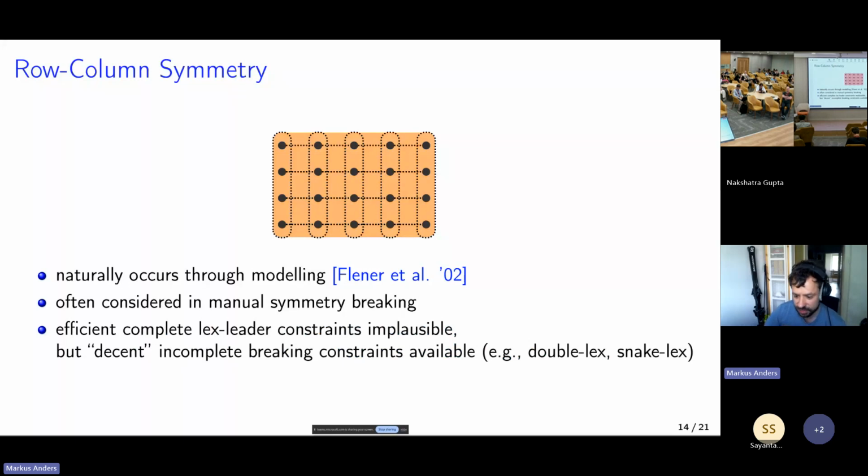So this has some complexity theoretic implication if these were to exist. So, okay, we can't break them completely. However, we do have some nice results that we can use once we've detected row column symmetry. We can just insert this double lex constraint or the snake lex constraint or some of the others that have been proposed. Okay, so how do we detect it?